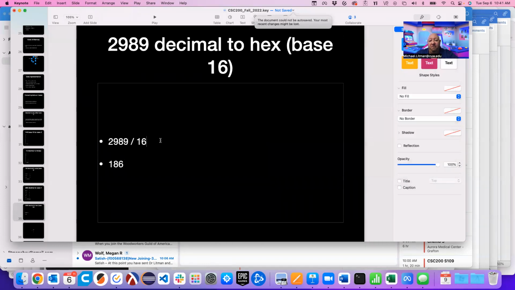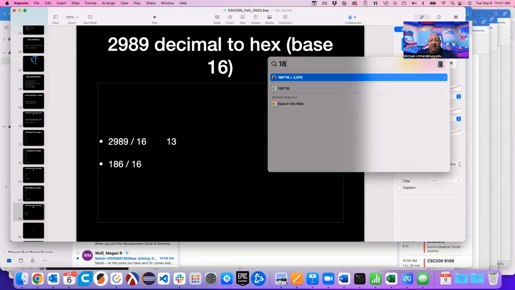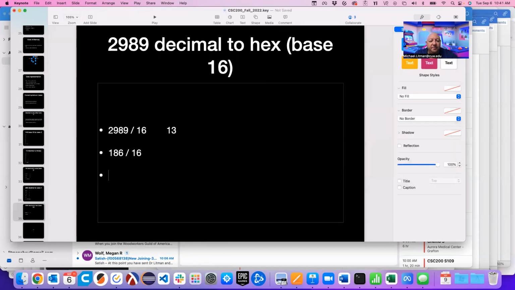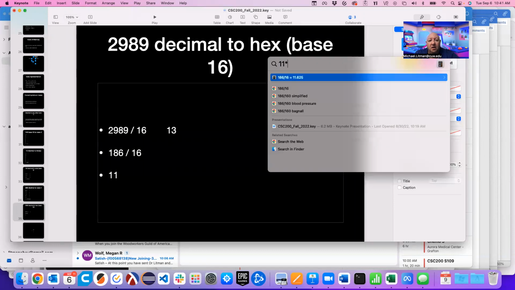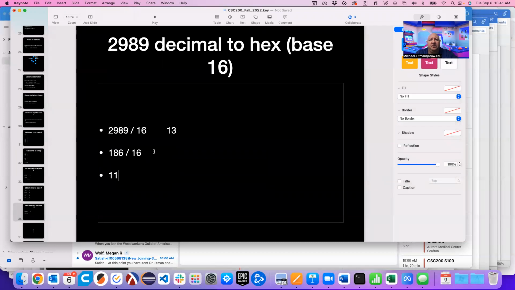So that's a remainder of 13, right? 186 divided by 16 is 11. 11 times 16 gets me 176. That's a remainder of 10. So 11 divided by 16 is 0. 0 times 16 is 0 with a remainder of 11.